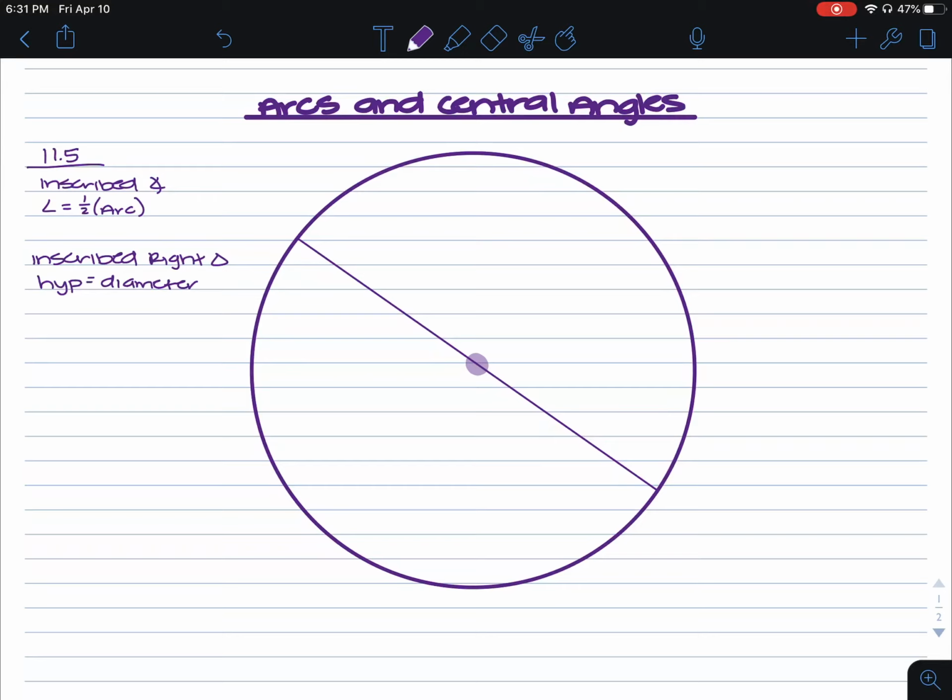With a right triangle, I'm going to draw in my right triangle. So this is a right triangle inscribed in my circle. Let's say this part is 53.